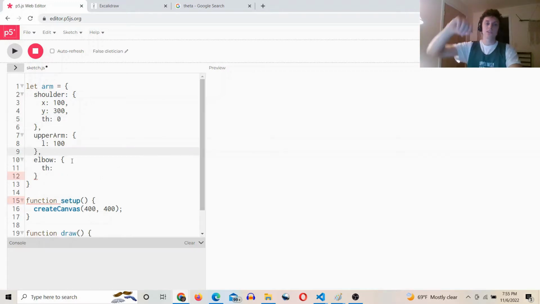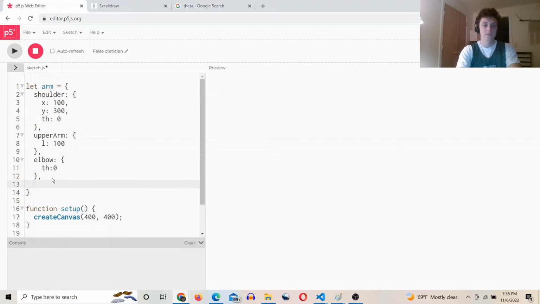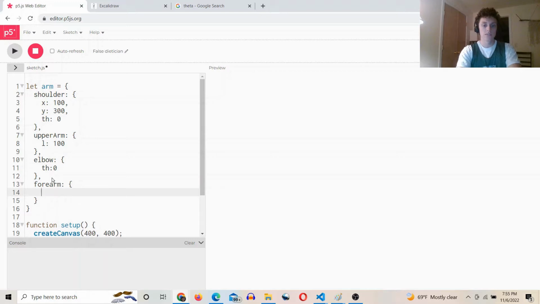So we'll have the shoulder, the upper arm, which just has a length for now, the elbow, which just has a rotation, and then forearm, which will have a length. Oh, that is going to be it for now.